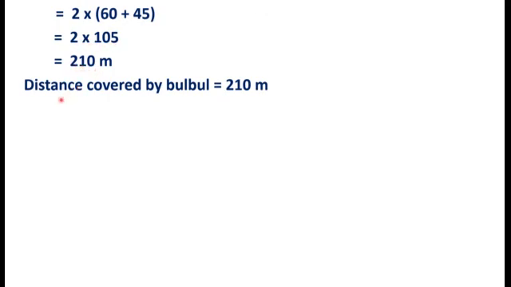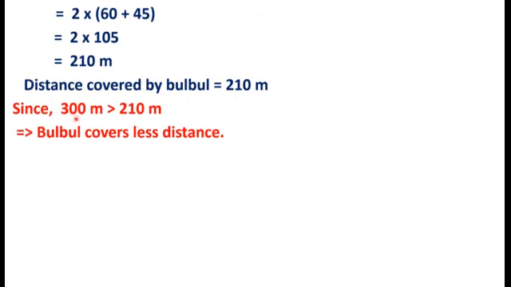So that means distance covered by Bulbul is equal to 210 meter. So we find here 300 meter is greater than 210 meter. Sweetie covers 300 meter and Bulbul covers 210 meter. Therefore, Bulbul covers less distance.